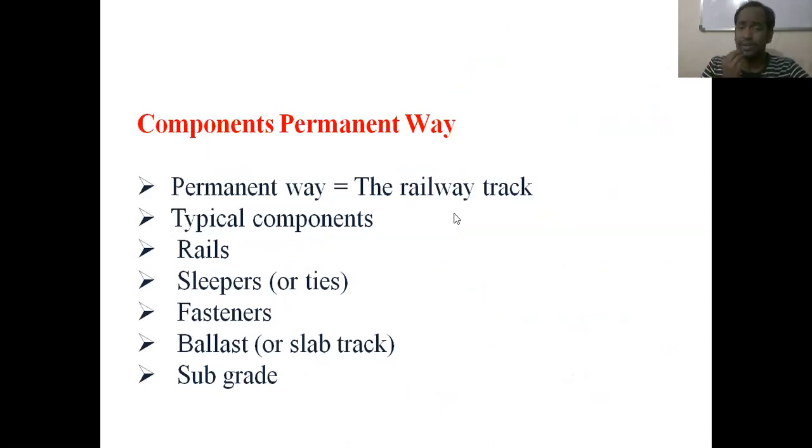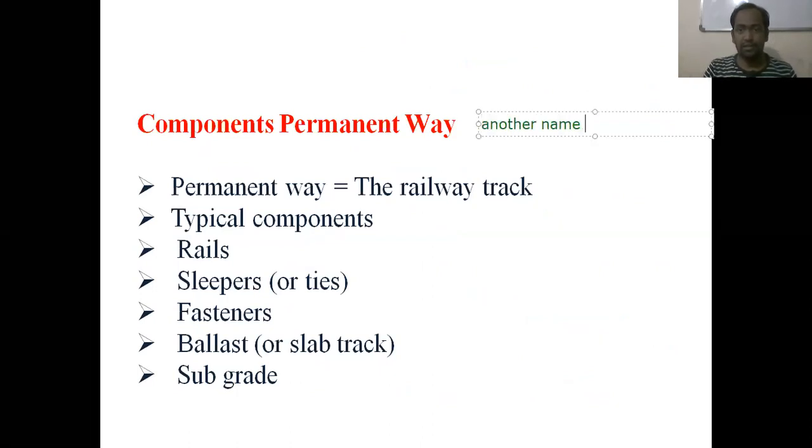So you can see the components of a permanent railway. Permanent railway is nothing but the railway track. Another name of the railway track is permanent way.